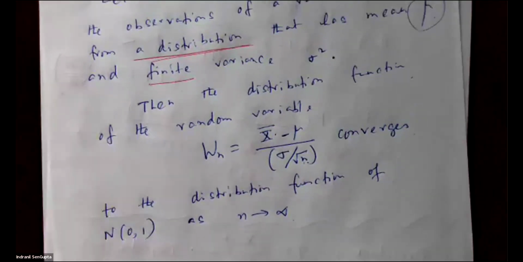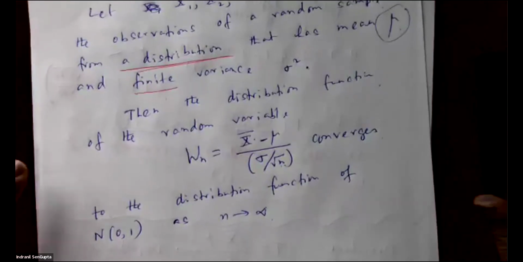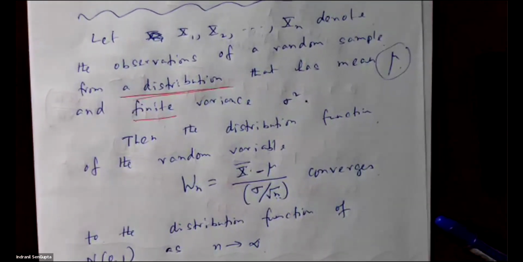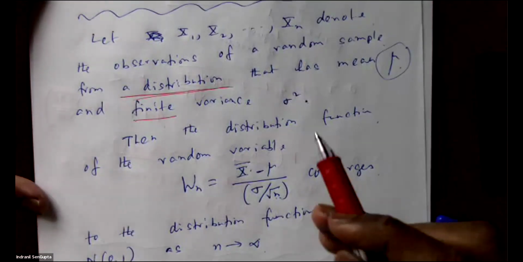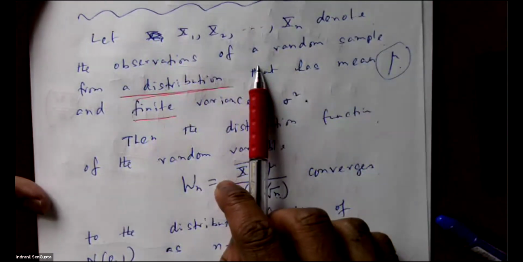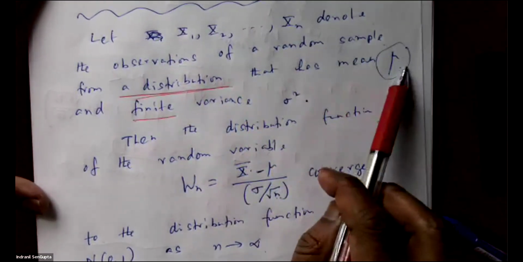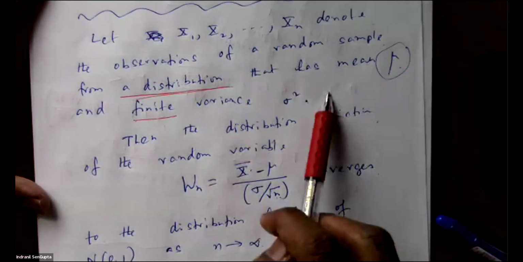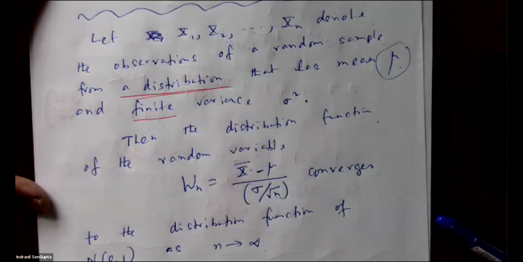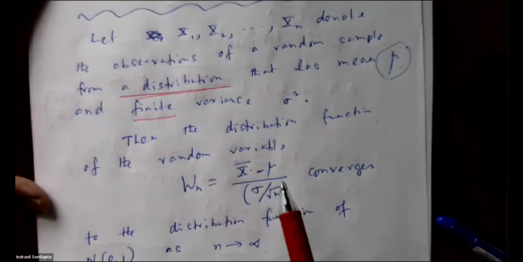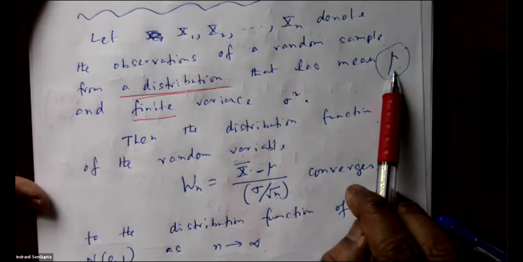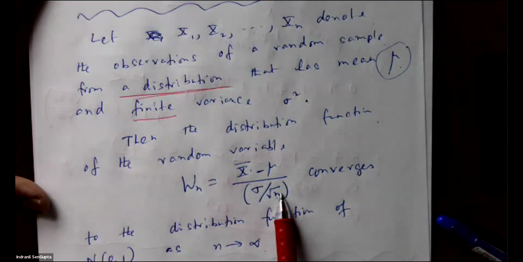Okay, so please note what this result is saying. It's an amazingly powerful result. It says that even when the original distributions are not normal, all we know is that they have some expectation mu and some variance sigma squared. Now we construct a quantity from the sample, x bar minus mu over sigma over square root of n.